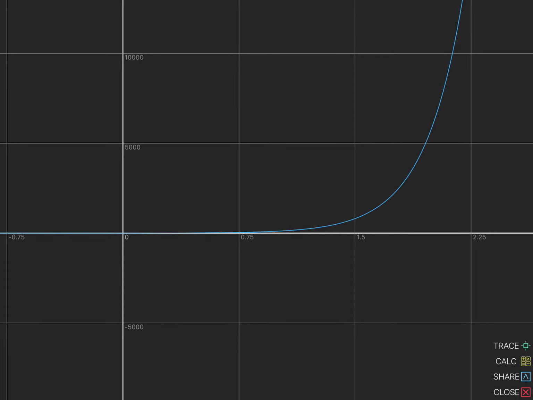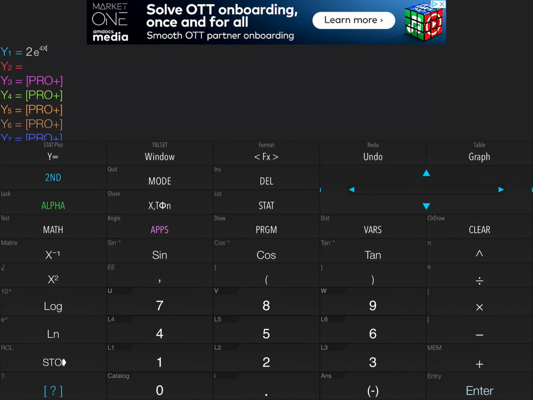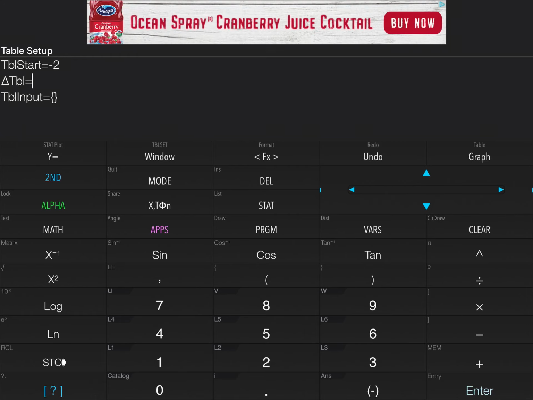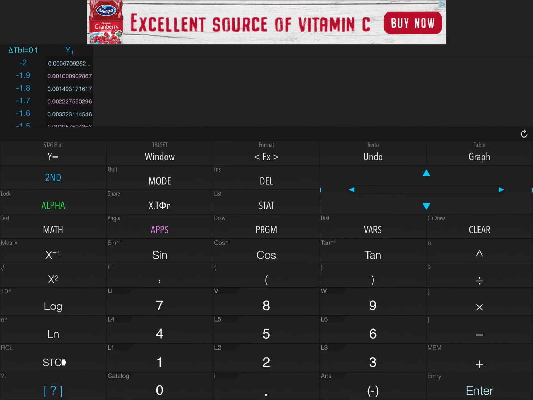But it's clear to me that y is just going to 0 as we're following this graph to the left. But I wanted to see the table, if that will let me. Table set. Let me make the table start at maybe negative 2, and then I'll make the table go up by 0.1. And let's see, that will be enough. Table, I don't know. I want to see the table.